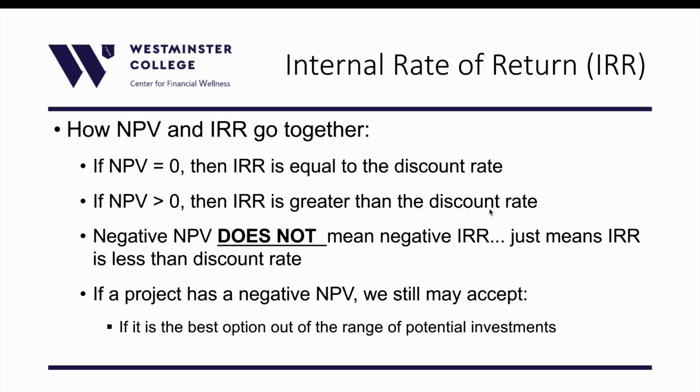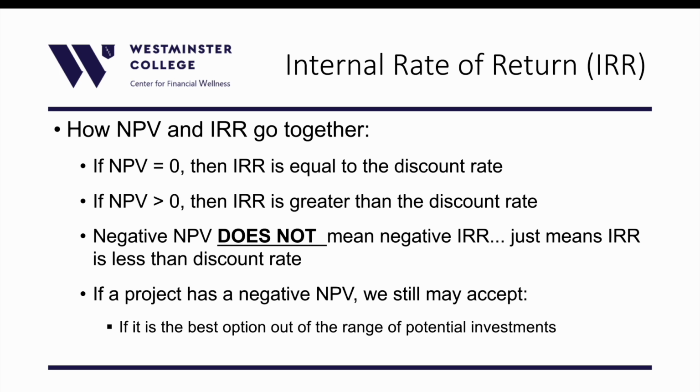Quick side note also, something important to understand: a negative NPV does not necessarily mean that we will have a negative IRR. It just means that the IRR is less than the discount rate. Now let me, again, using our example, explain that. Let's say we returned a negative $10 on our NPV for the espresso machine.